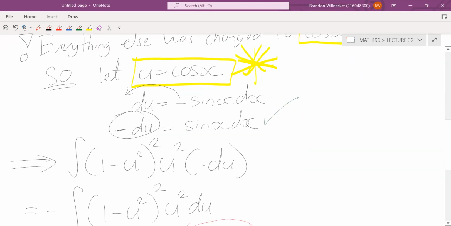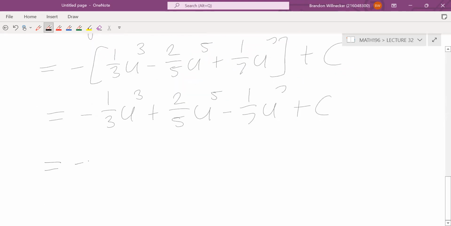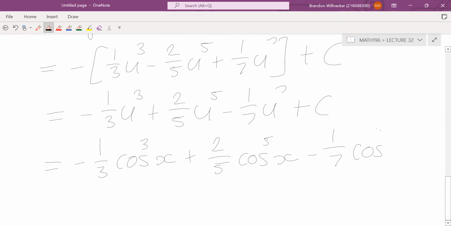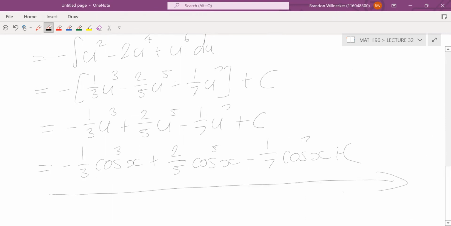So let's put that in. So this is going to be minus 1/3 cos cubed x plus 2/5 cos to the 5x minus 1/7 cos to the 7x plus c. Okay, that's the last step that we need to do.